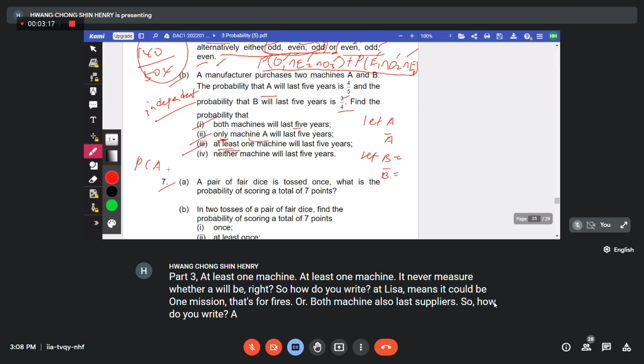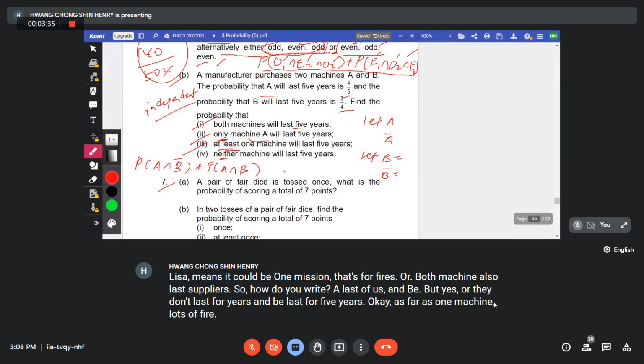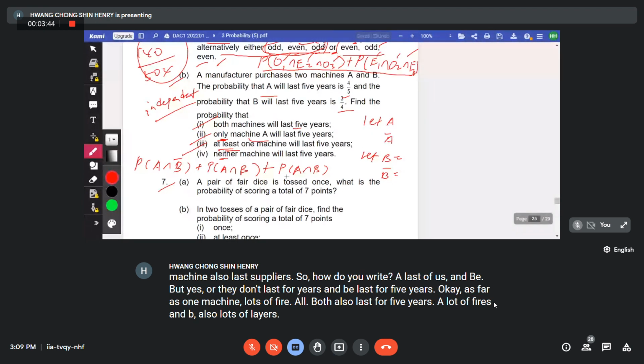A lasts for 5 years and B bar doesn't last for 5 years, or A doesn't last for 5 years and B lasts for 5 years. Okay, as long as one machine lasts for 5 years, or both also last for 5 years. A lasts for 5 years and B also lasts for 5 years. Am I right? It could be either one or both also last for 5 years.